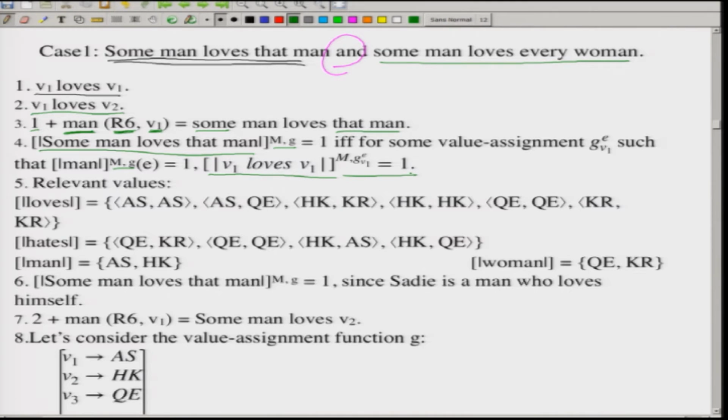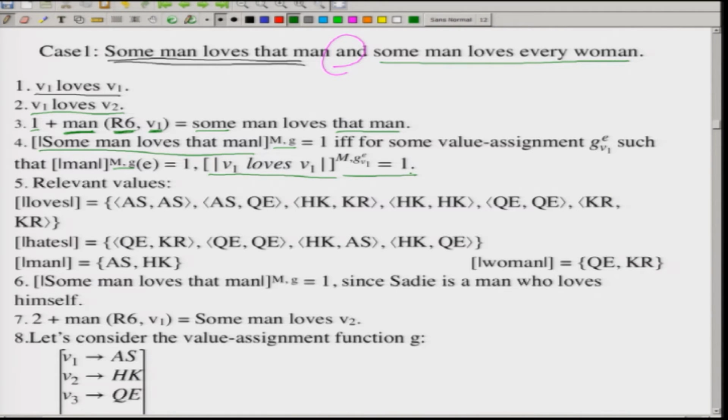As I said, I will not concentrate much on the steps or the understanding part of it. I assume that we now understand enough of predicate semantics, but here our concern is the language. So, then relevant values, we just get back to the values.